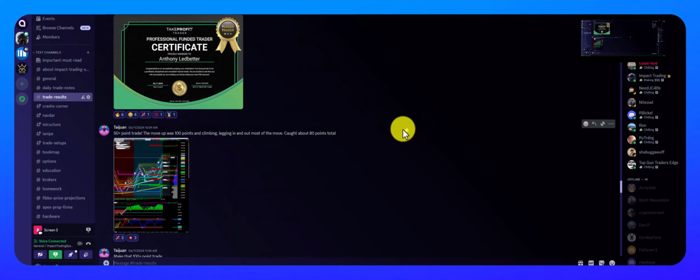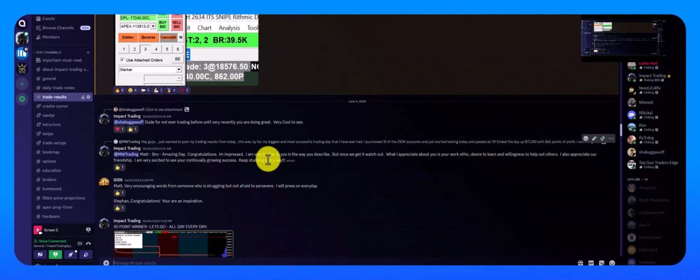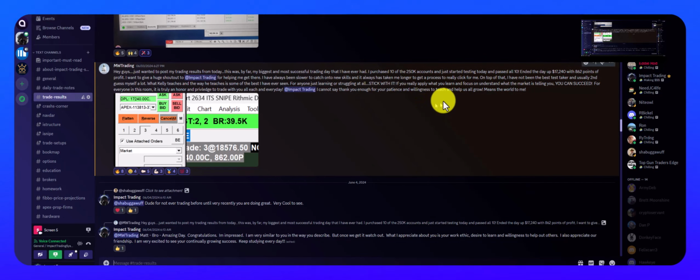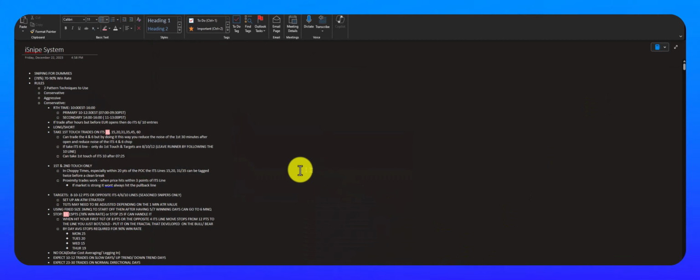But you'll see, specifically for anybody who hasn't been in this room, that there is picture after picture after picture showing how we are making 50-point plus trades that equate to thousands of dollars. Even if just using the micro, you can make thousands of dollars a day with this Isnipe system for dummies. So take a look in here for some of the results that we show and picture results showing trades that other people are taking besides just me.